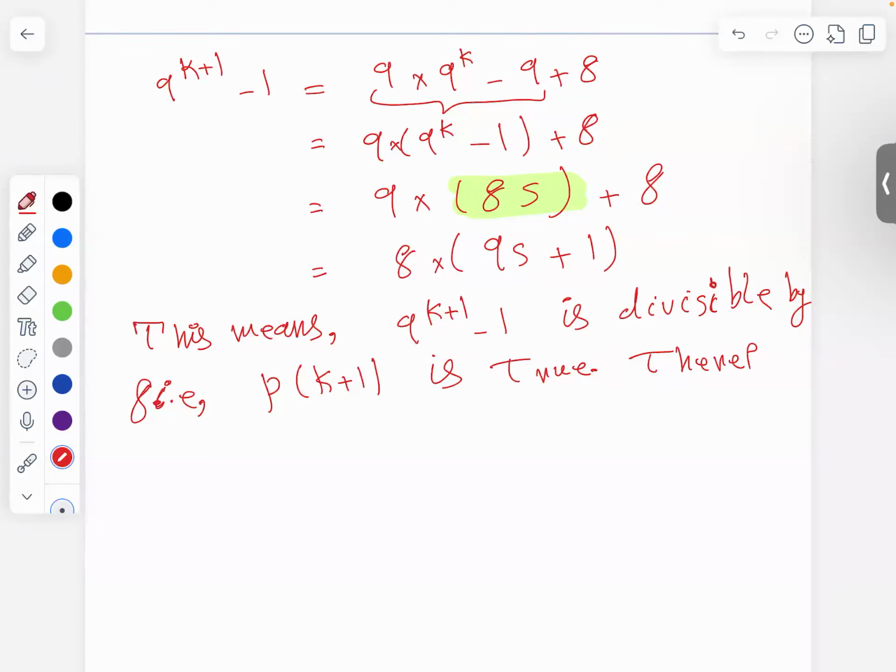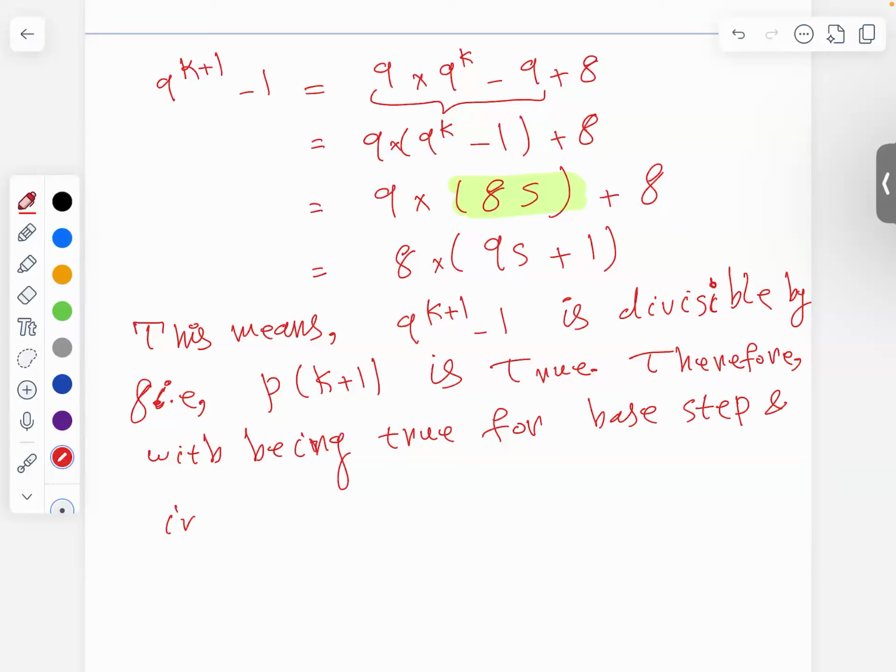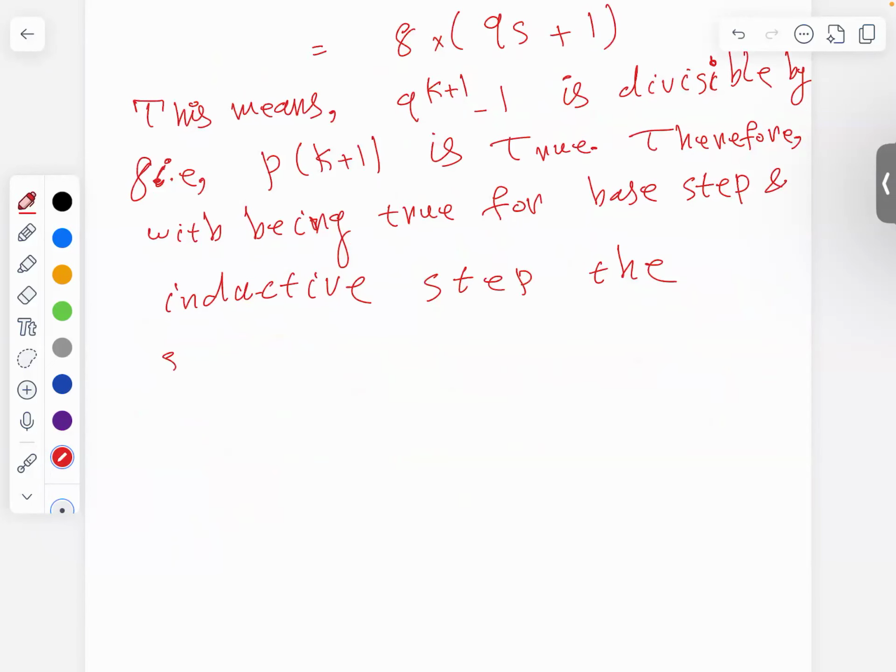Therefore, it being true for base step and inductive step, the statement Pn is also true.